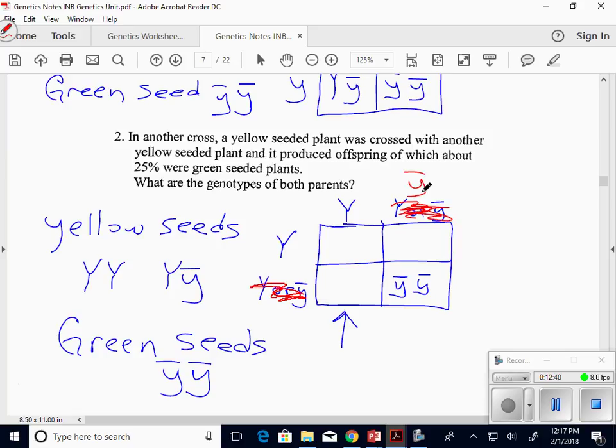And this one has to be right here, lowercase y, correct? So, when I fill in my total Punnett square, capital Y, capital Y, capital Y, lowercase y, capital Y, lowercase y, there's my lowercase y.